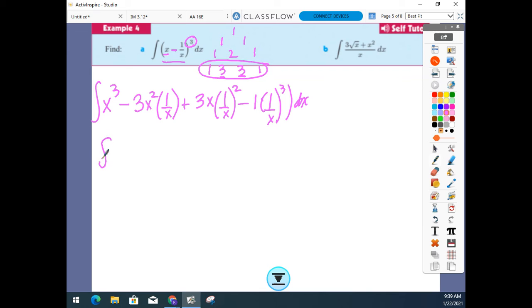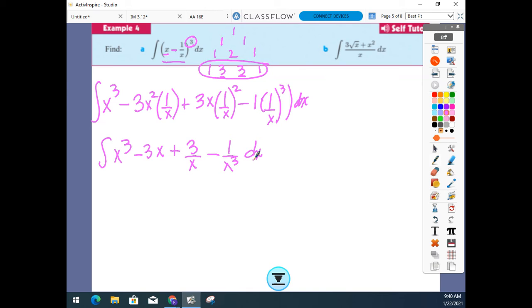I'm going to rewrite this a little bit more simply though, because I get negative 3. If I take x squared over x, I just get negative 3x. This time I'm going to have x squared on the bottom, so that ends up being 3 over x minus 1 over x to the third.